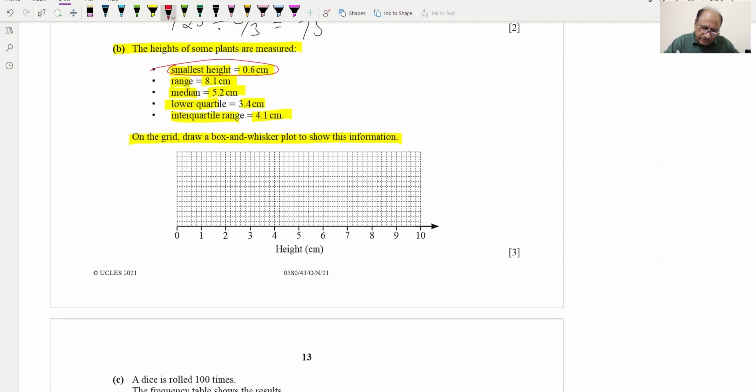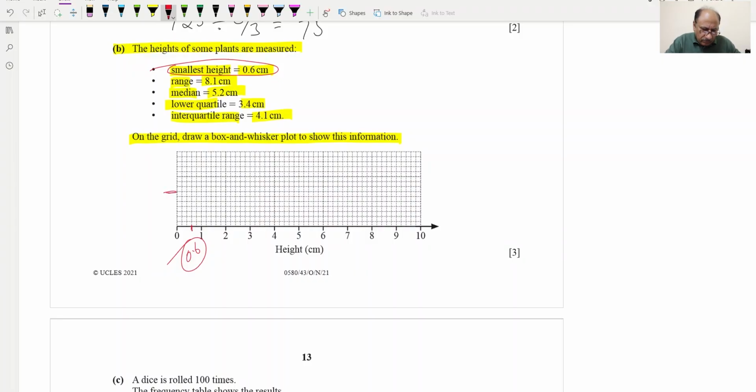So 0.6, if we check the scale, will be roughly over here, and we can take the middle point. Roughly I'm taking the middle line over here.